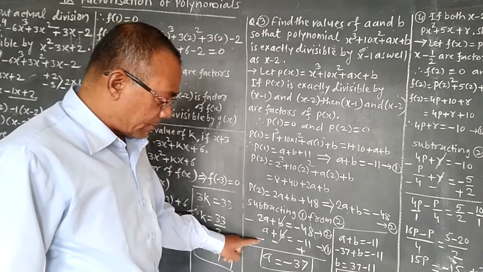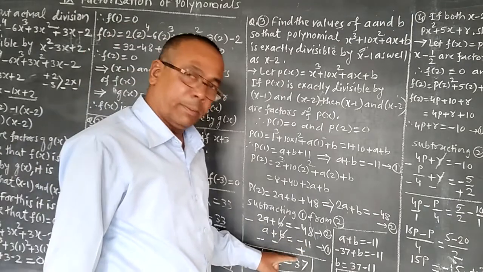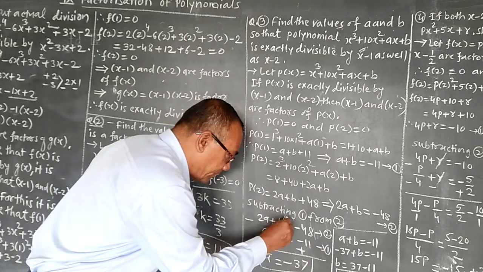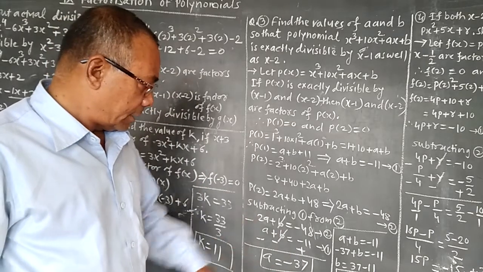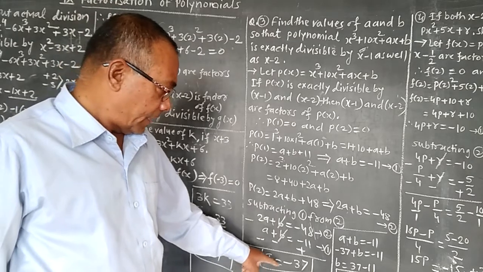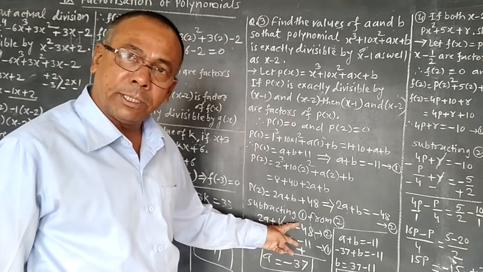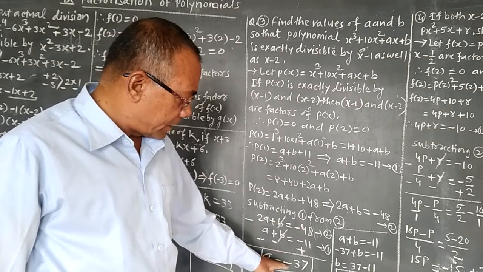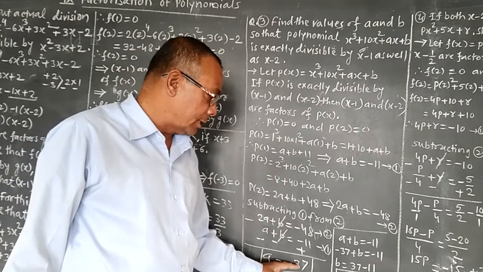So plus a will become minus a, plus b will become minus b, and minus 11 will become plus 11. In this way, plus b and minus b will cancel or get eliminated each other. So 2a minus a will be a is equal to minus 48 and plus 11. So subtraction will take place. Here after subtracting we will get minus 37. So a is equal to minus 37.